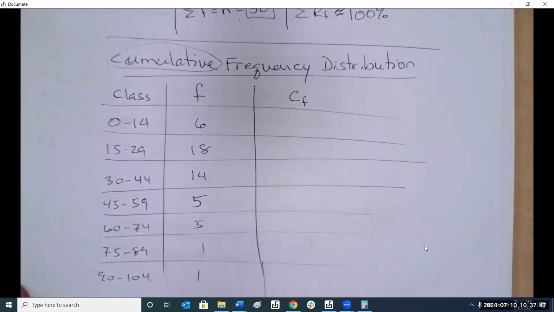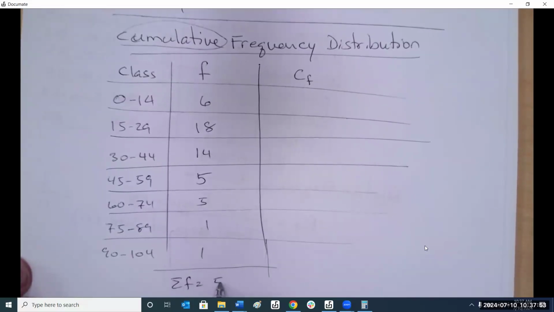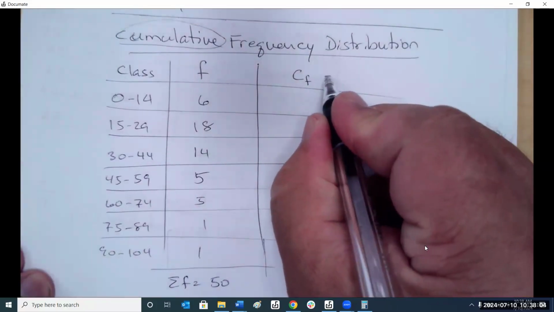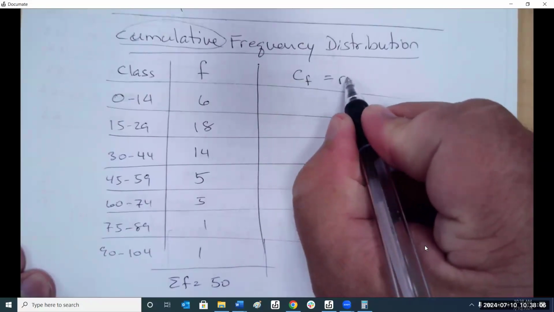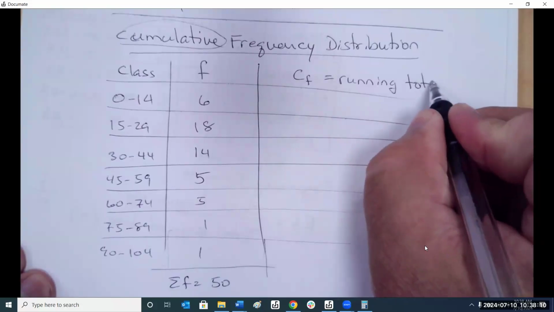For us to know if that's the appropriate frequency chart, we have to add up all our frequencies to get 50. The cumulative frequency does that for us. Another name for it is a running total.